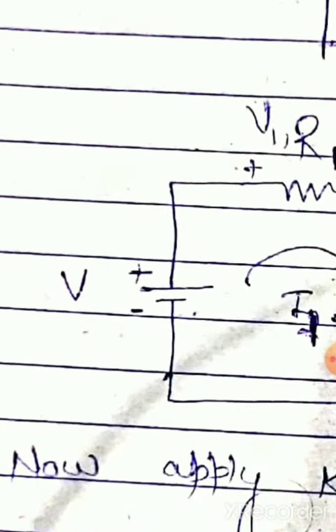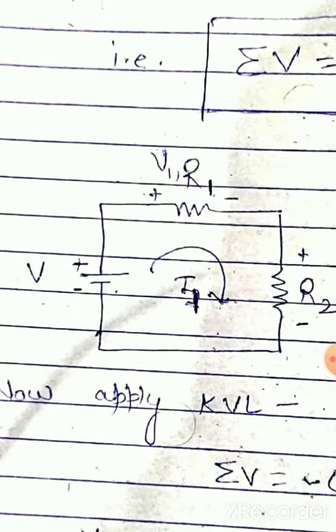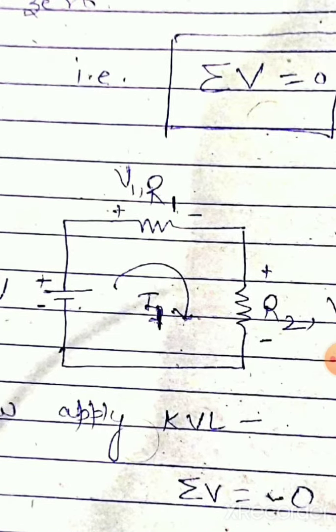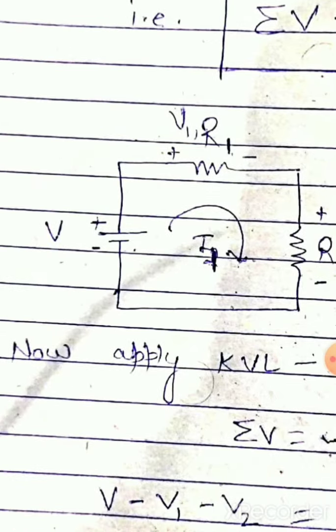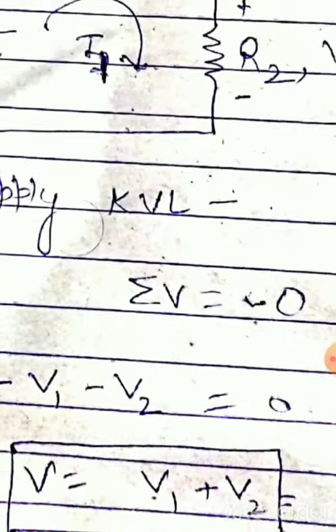Like here, we are entering from the negative terminal in the direction of current and leaving from the positive terminal, so we take the battery voltage polarity as positive, and for V1 and V2, because we are exiting from the negative terminals, we take their polarity as negative. This is the one sign convention based on which we have written the first equation.